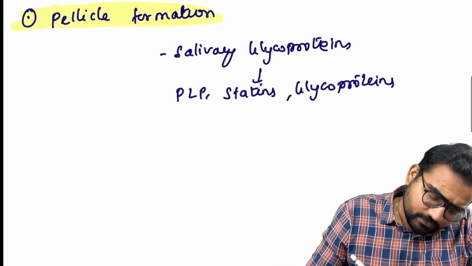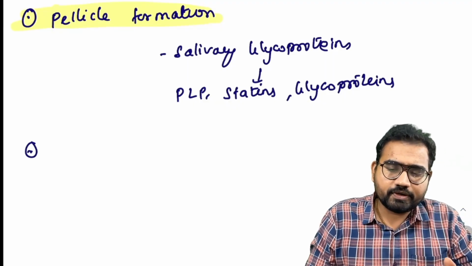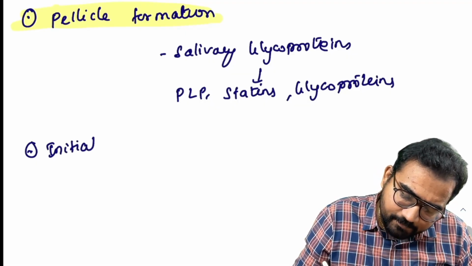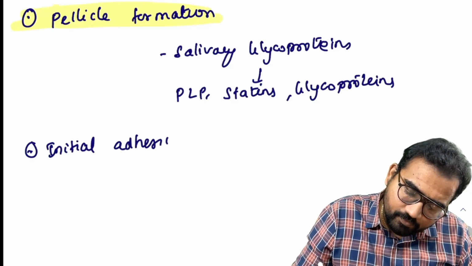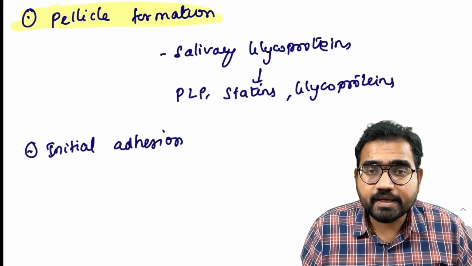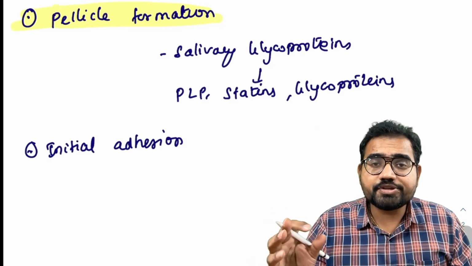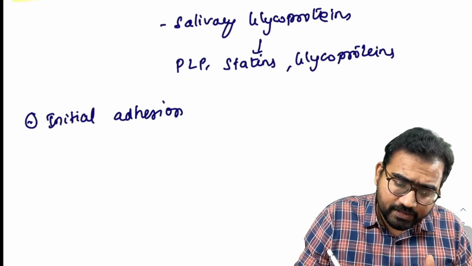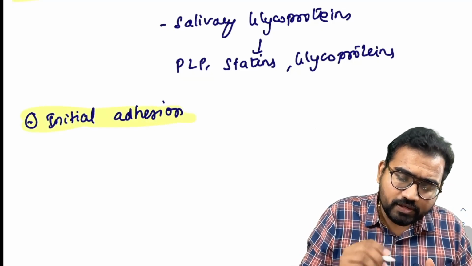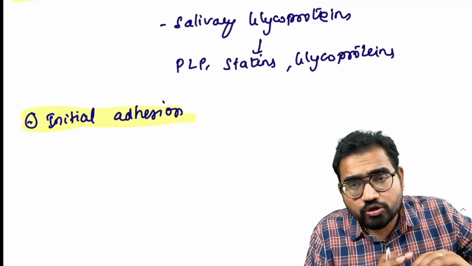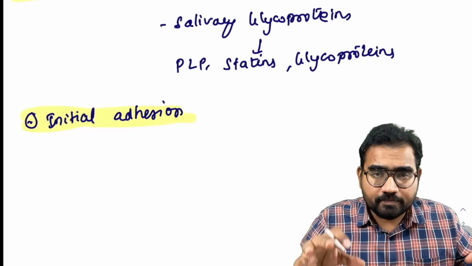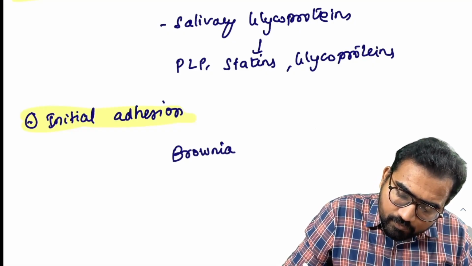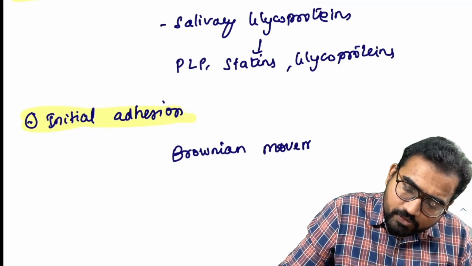The second step in the formation of dental plaque is initial adhesion. Any bacteria present in the oral cavity is brought to the site, or moves in the liquid, which is called Brownian movement. Movement of bacteria or any substance in a fluid is Brownian movement.